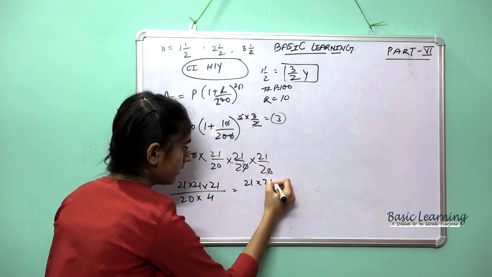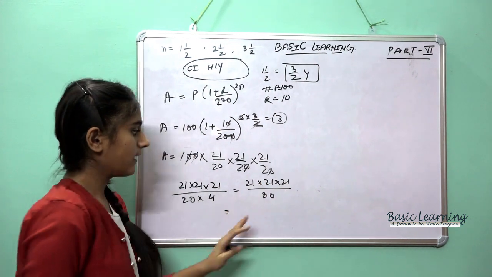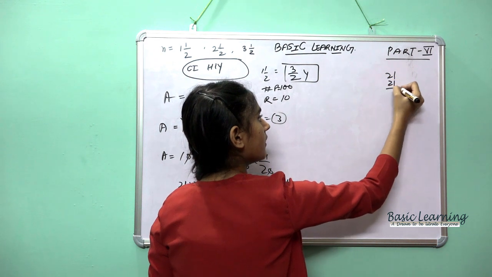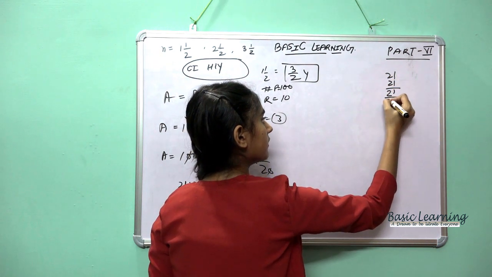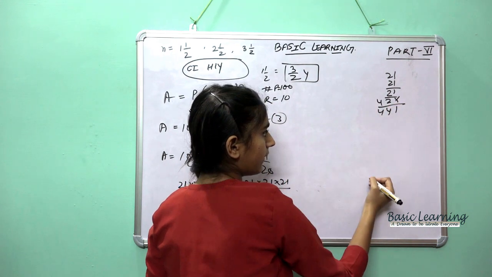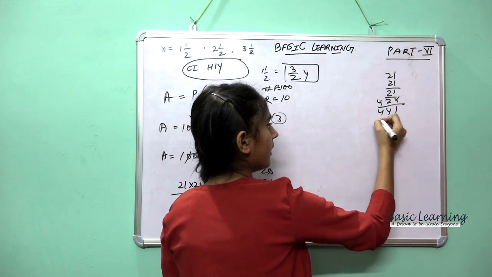21 into 21 into 21 upon 80. Let's calculate this. This is 441. Now we have to multiply one more time, that is 21.